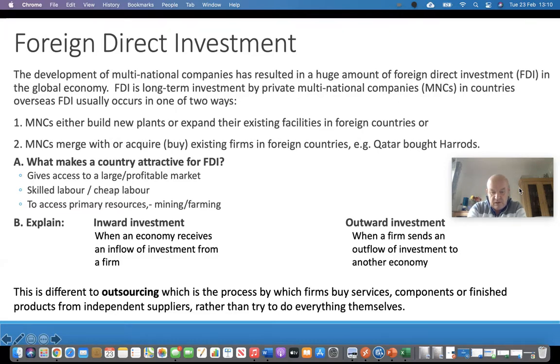Whereas outsourcing is where multinational companies are actually buying services, components, or finished products from independent suppliers rather than having to do it themselves. So it gives them extra capacity, but it's not them effectively investing in other parts of the world. It's buying services from other countries' firms and businesses, but it's not actually setting up directly in that country.